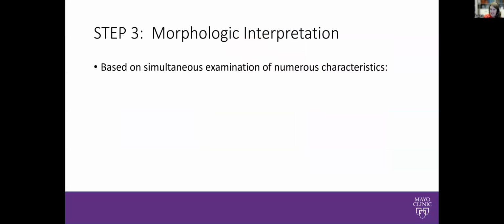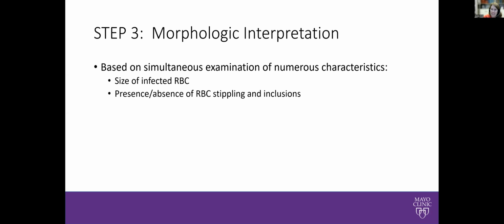So now we're at that stage where we want to do a morphologic interpretation of numerous characteristics to determine which species is present. Now, in reality, we do this based on a simultaneous examination of numerous characteristics, such as the size of the infected red blood cell, the presence or absence of red blood cell stippling and inclusions, the different life cycle stages present, and an experienced observer can keep all of these things in his or her mind.